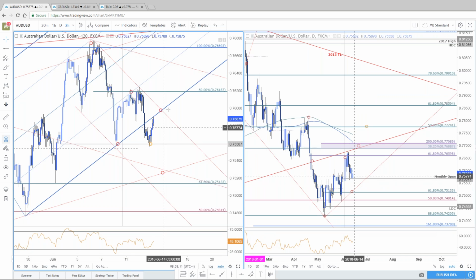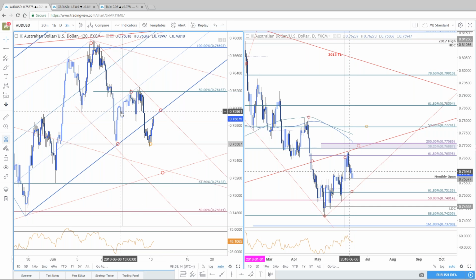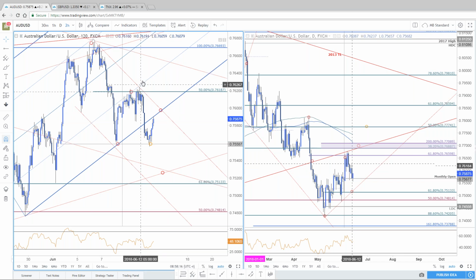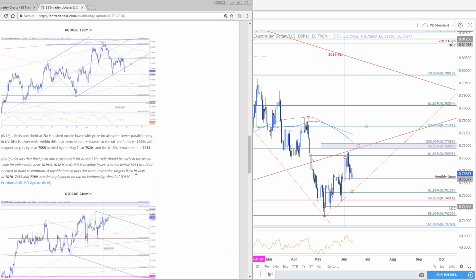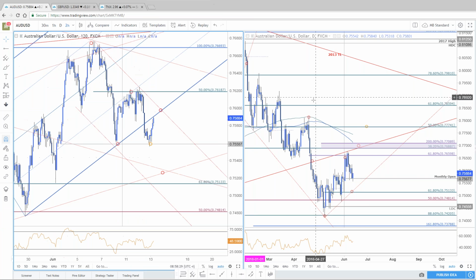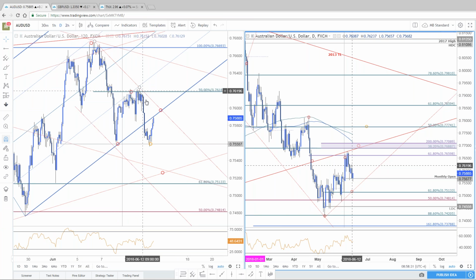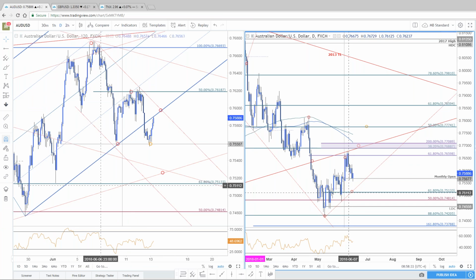This is where you kind of want to see this thing start to hold if we are moving lower. The start of the week, we were looking for the 50% or the 618 of this drop to offer some resistance. Again, we highlight both of those levels as far as where we would want to see resistance. We did hold 76.19 as resistance, and we turned lower, breaking below the lower median line parallel.